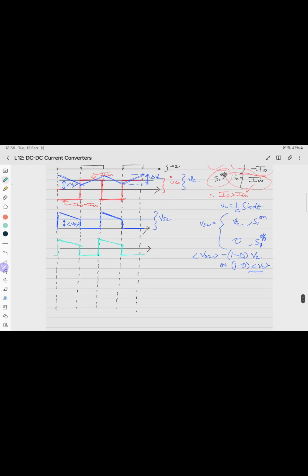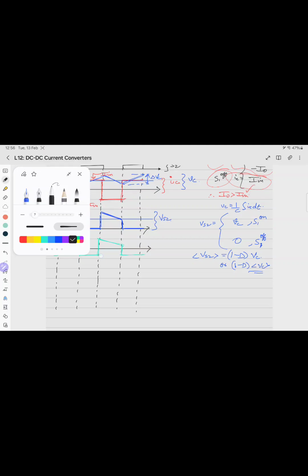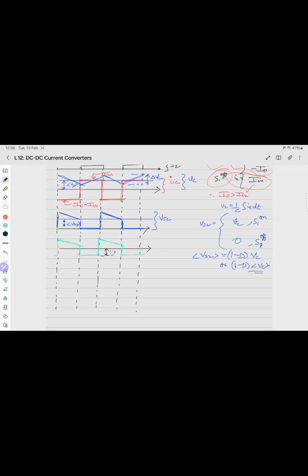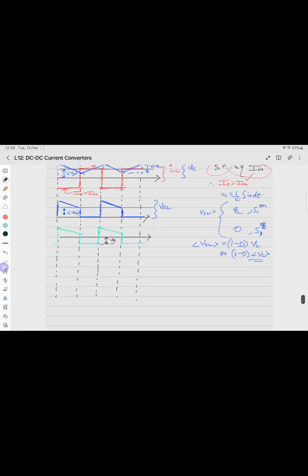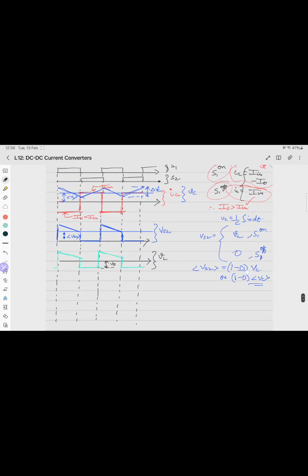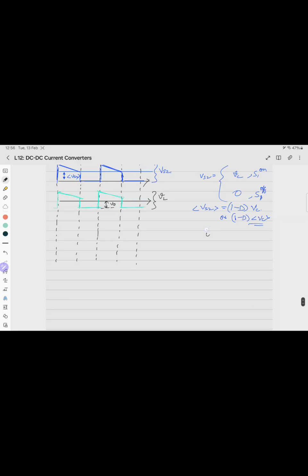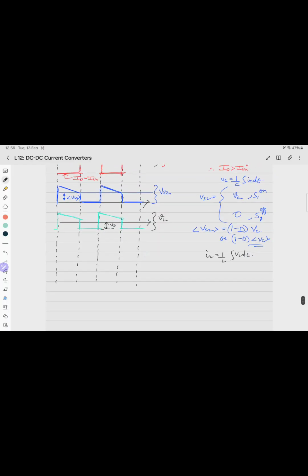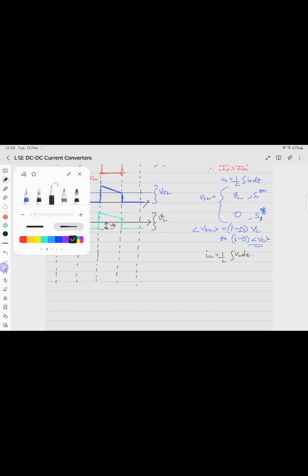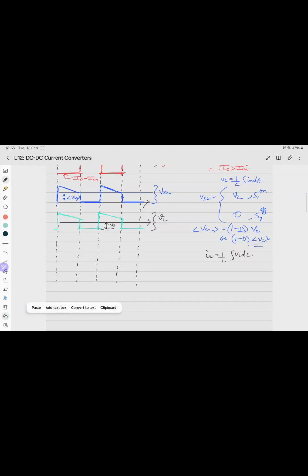This is V0. So this waveform belongs to VL, it is across the inductor. So IL is 1 by L integral VL dt.